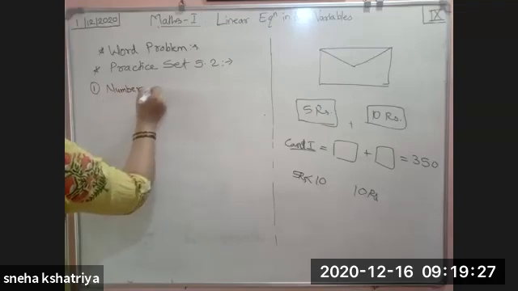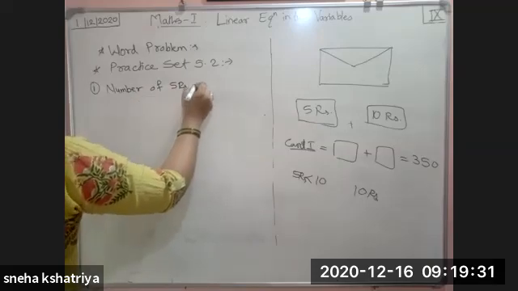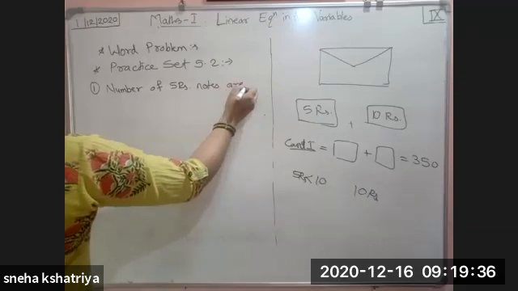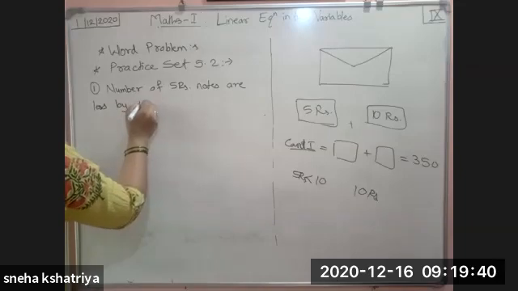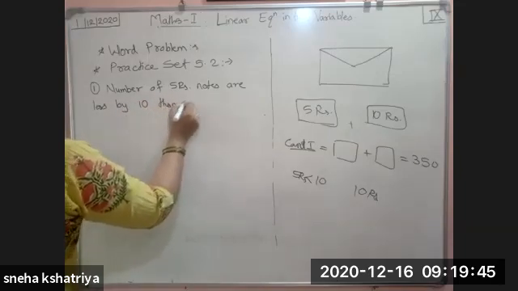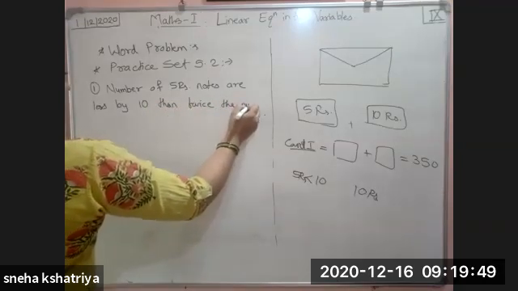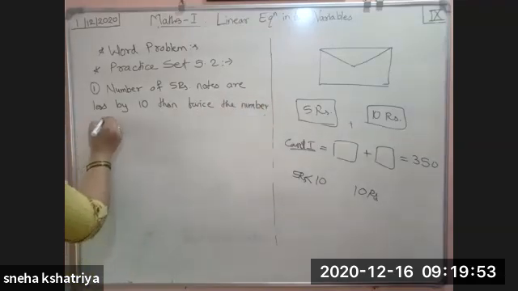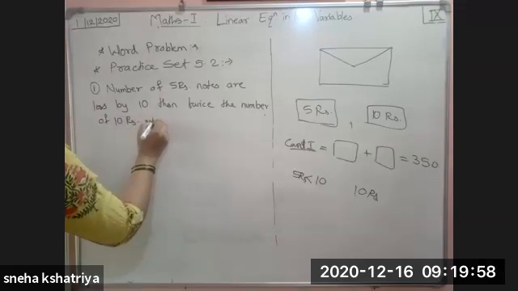Number of 5 rupees notes are less by 10 than twice the number of 10 rupees notes.